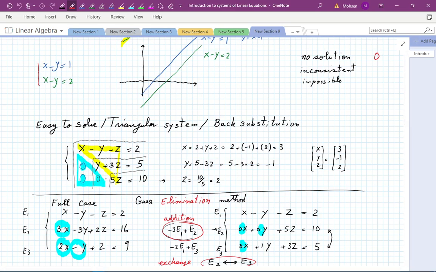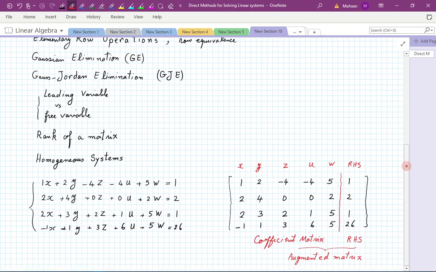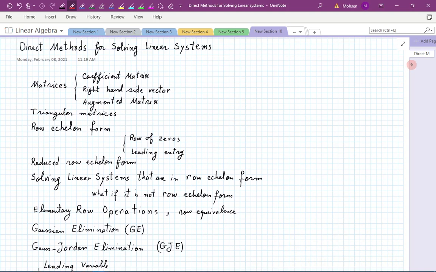So the next idea that's coming up as a generalization of this triangular system is called the echelon form. We aim for triangular. If it is like that, that's great, but typically we come across a row echelon form. Let's go ahead and talk about what the echelon form is supposed to be.